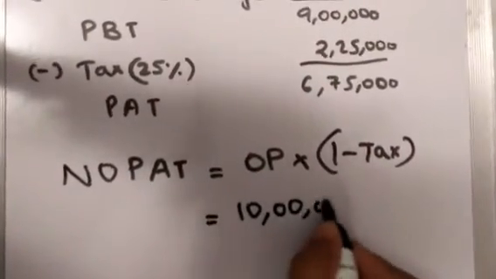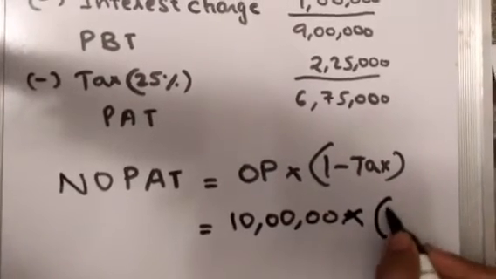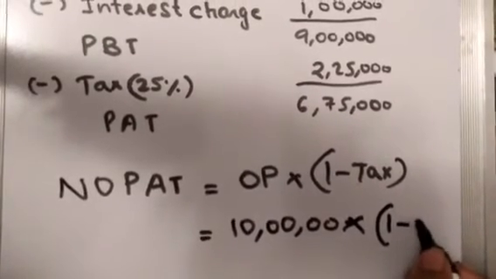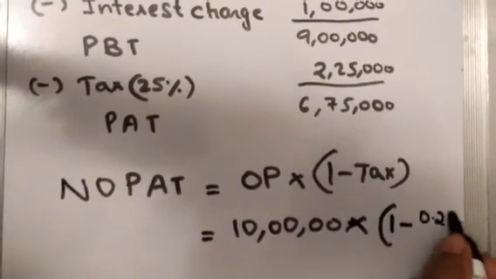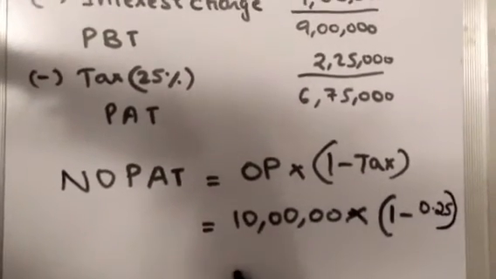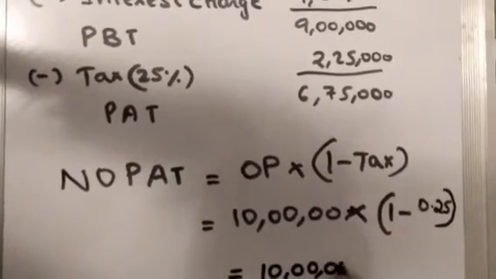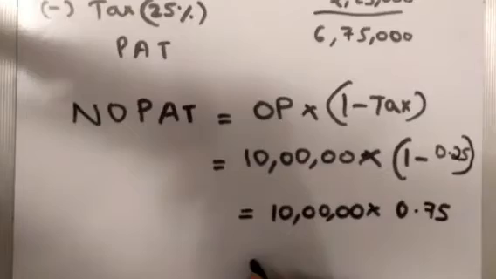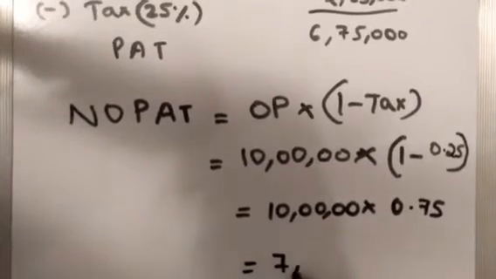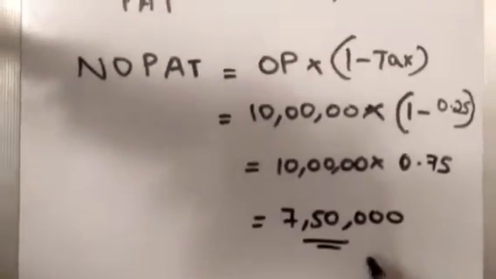So 10 lakh multiplied by 1 minus tax. Tax is given as 25%, so it is 0.25. When we calculate, we get 10 lakh into 0.75, which is equal to 7,50,000. So NOPAT is equal to 7,50,000.